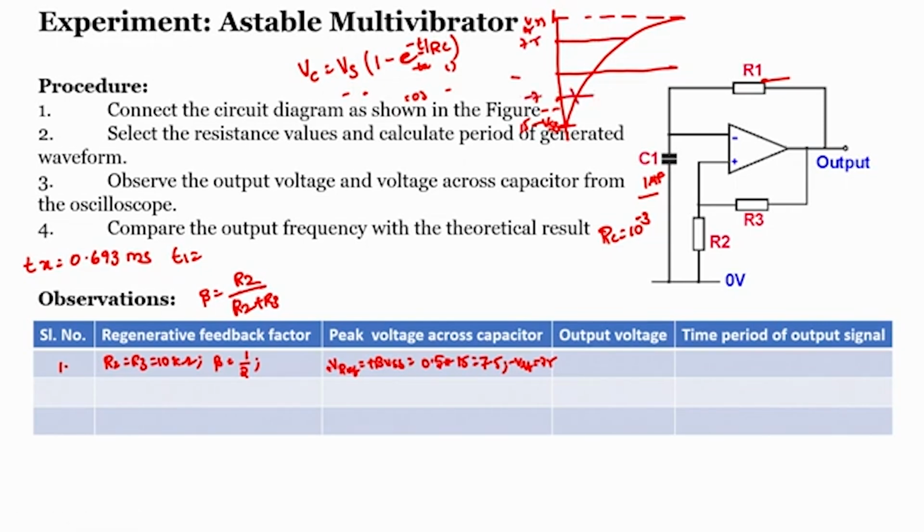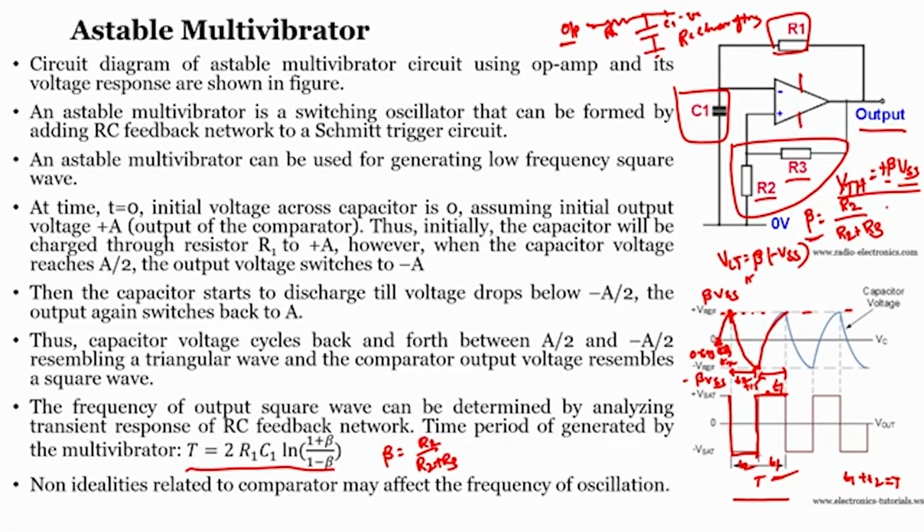So, I need to know the time required for this capacitor to charge from minus 7.5 to 7.5, isn't it? When we recall, this was not completely discharged, that means some amount of voltage is already there, that is minus 7.5. From minus 7.5 it started charging, but it is supposed to charge till 15, but it is charged only till plus V reference, which is nothing but 7.5 in this case.